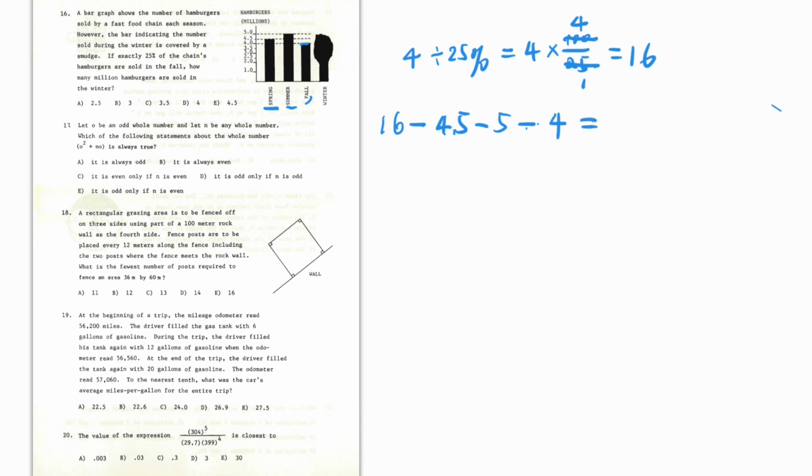The answer is 2.5. So the winter sold 2.5 million hamburgers. That's the answer A.